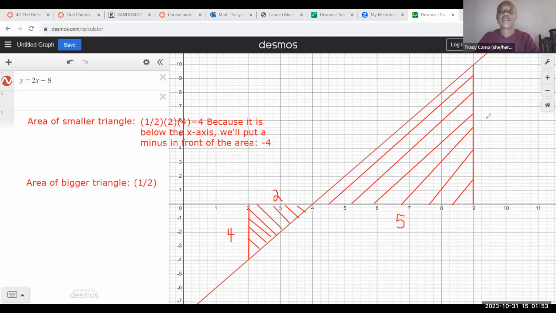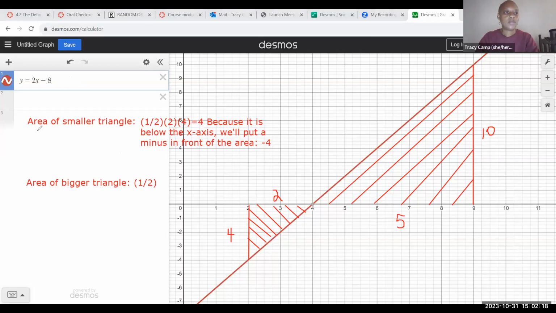So the height is 10. I got that by plugging 9 in for x, but you can also use Desmos. You can go to Desmos and ask, what's the y value when x is 9? The y value is 10. So you can also do that. We have our base and our height now.